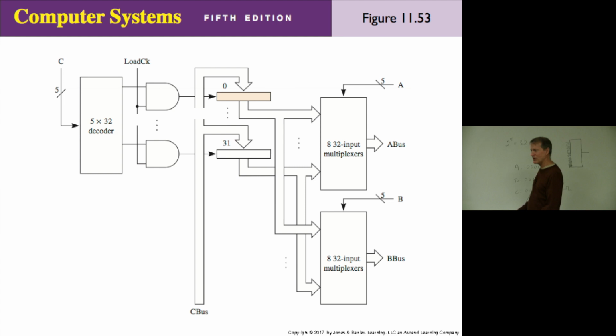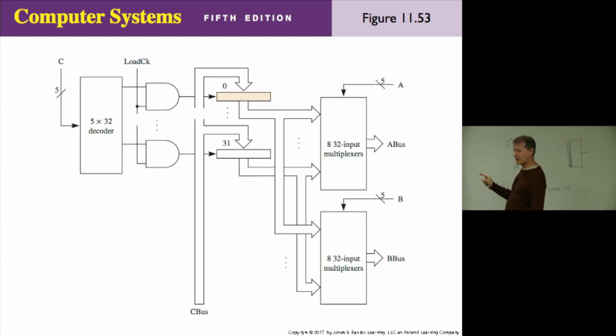I mean, it's not that you'd ever want to do that very often. I can't think of a time when you'd want to do that, but you could. You could actually have the same register be presented on both the A bus and the B bus at the same time. All it takes is for A and B to have the same address.